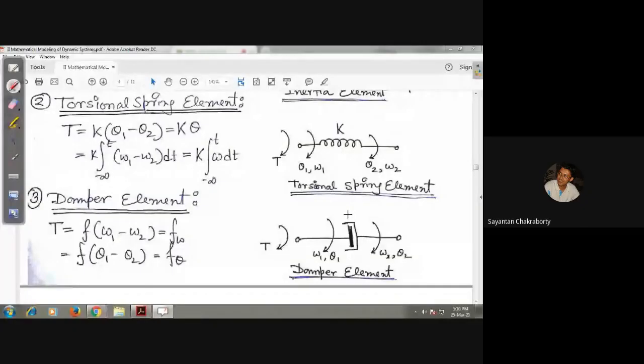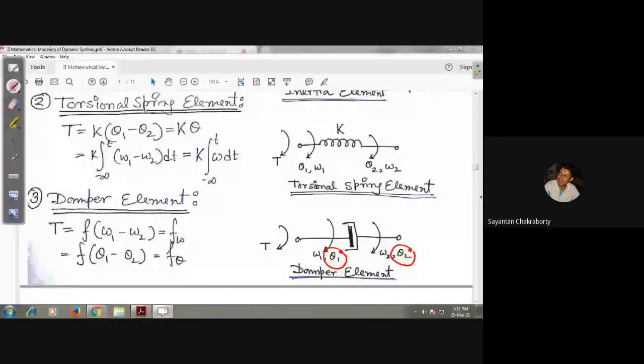And the third element will be a rotational damper, same as before, only that it is now free to rotate in this medium. So whenever you apply torque, it will oppose the movement. One side of this damper will move by theta1, the other side by theta2, with effective angular velocities omega1 and omega2.